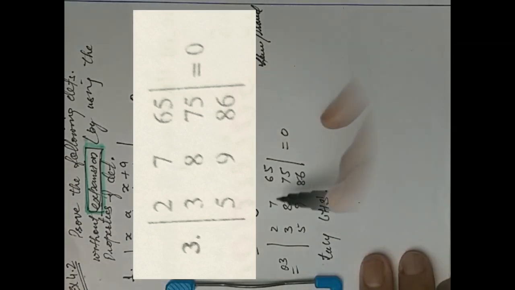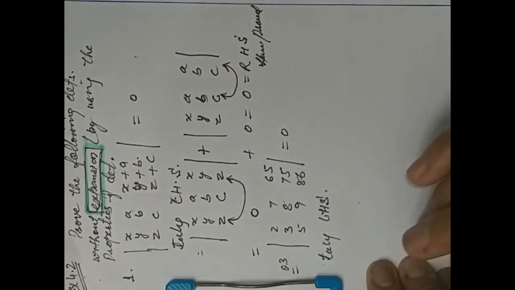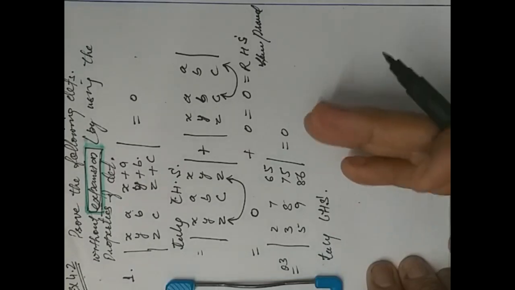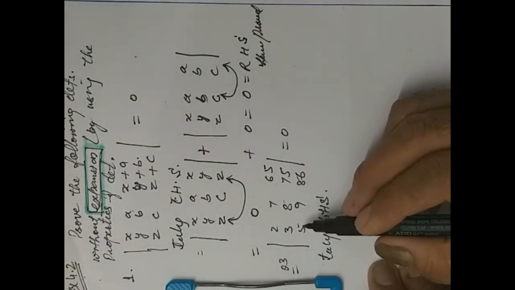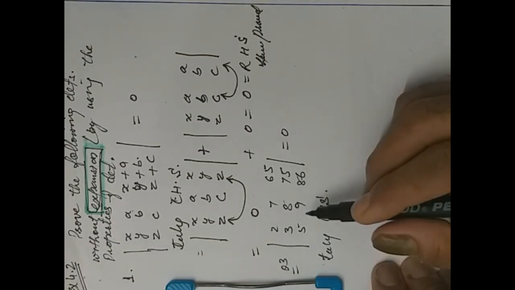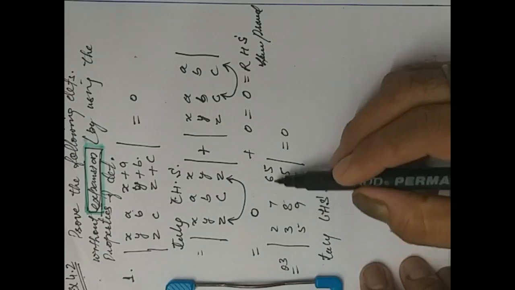Now we can multiply any column or any row by a particular constant, and that value can be added to another row or column. So for this, suppose this is 65.